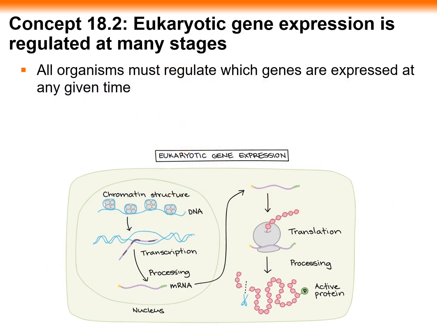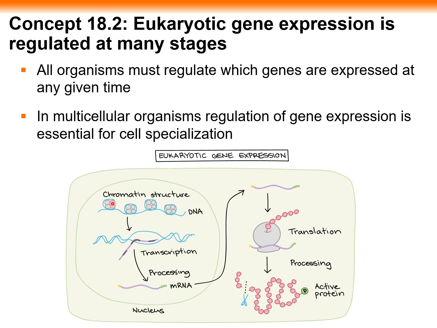So concept 18.1, we're mostly going over some basic model systems for regulating transcription. We have some terms that you need to memorize. In 18.2, we're going to up the game a little bit, and I don't think we're going to have a ton of new terms, but we need to be thinking more holistically. That is to say, we have a bunch of different stages where we can regulate gene expression at the eukaryotic level.